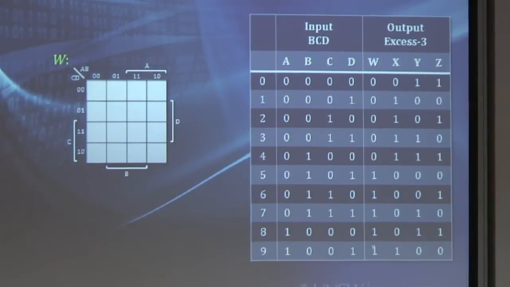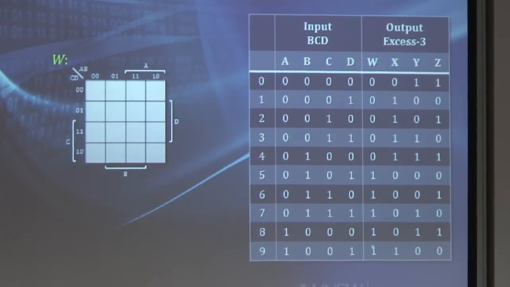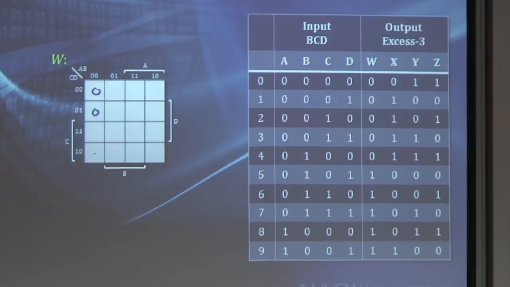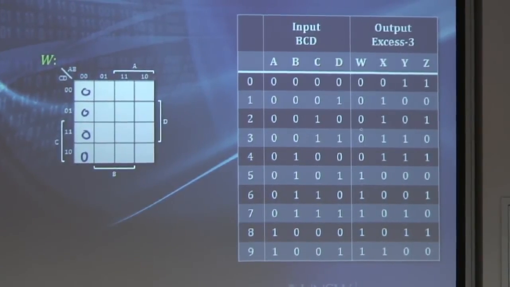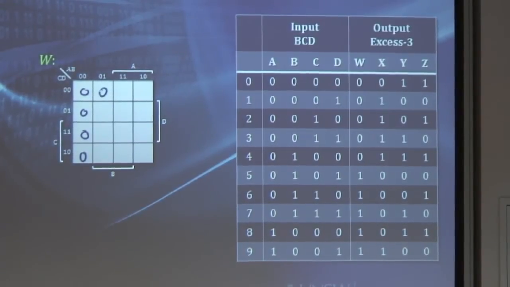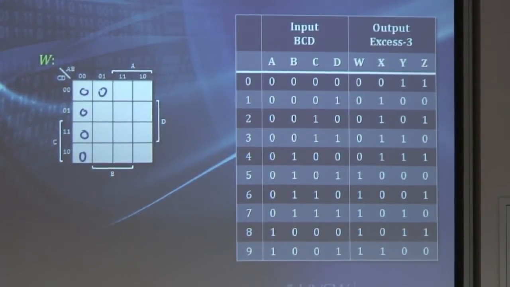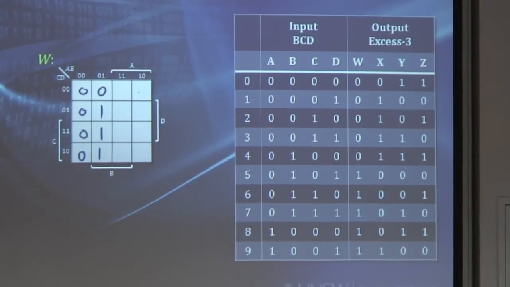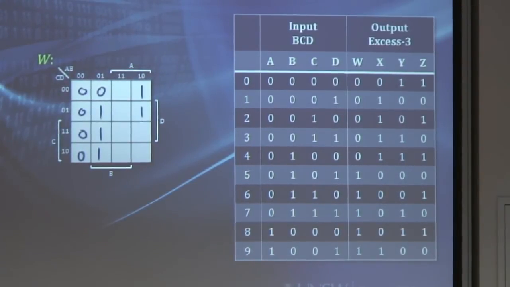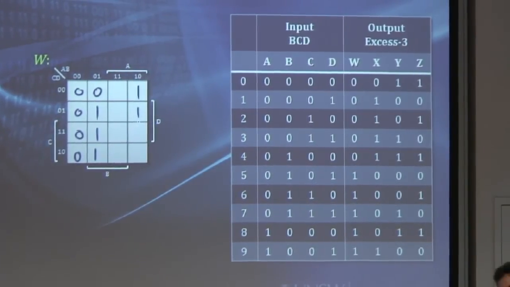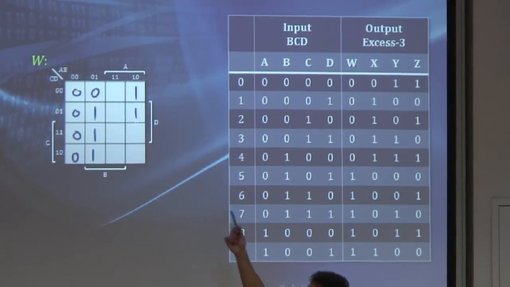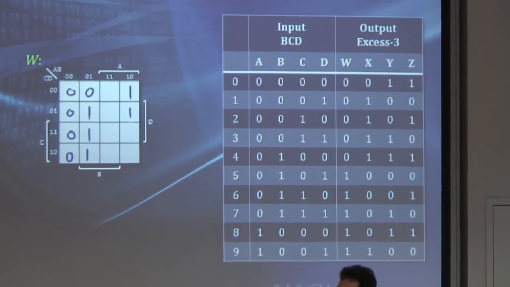Going through the values for W, for places 0, 1, 2, 3, and 4, we've got zeros, and then for 5, 6, 7, 8, and 9, we have ones. The rest of them, the ones that are not here, we said are going to be don't cares because they should never happen, and don't cares will actually help us optimize this corner map.